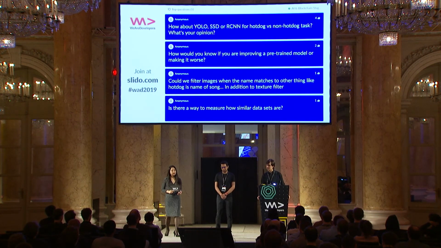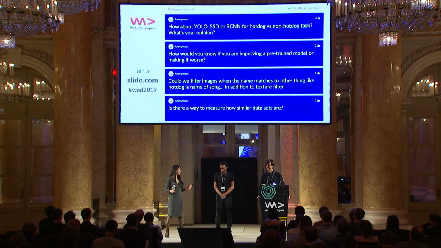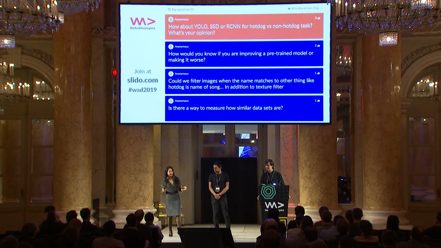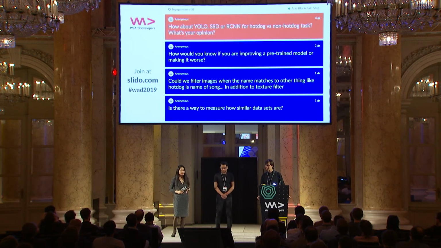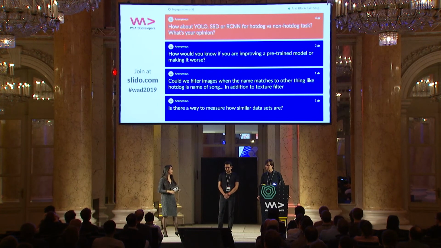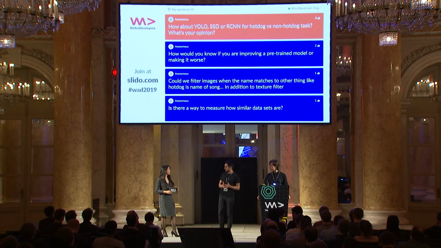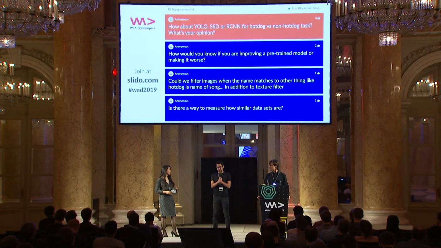Perfect. Okay. Next question, hot dog or not hot dog? How about all these YOLO, SSD, RCNN for the hot dog versus non-hot dog task? What's your opinion? What's the best? Well, the first thing is that what we have presented here was an image classification task, and what is mentioned in the question is an object detection task.